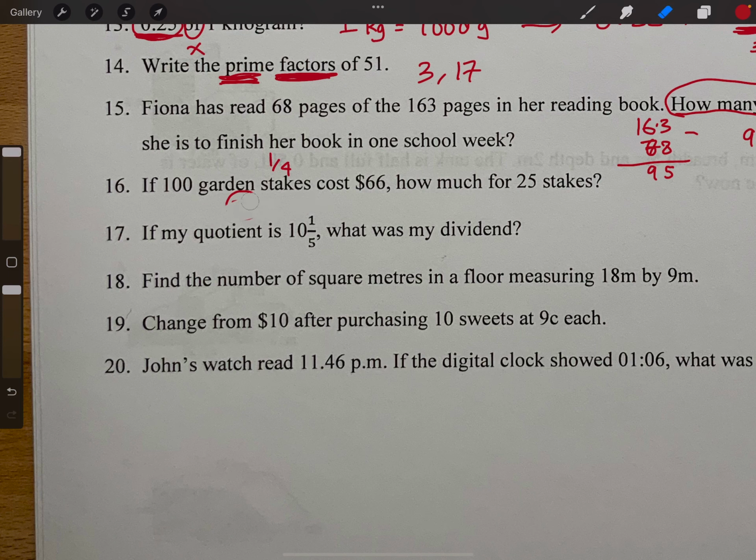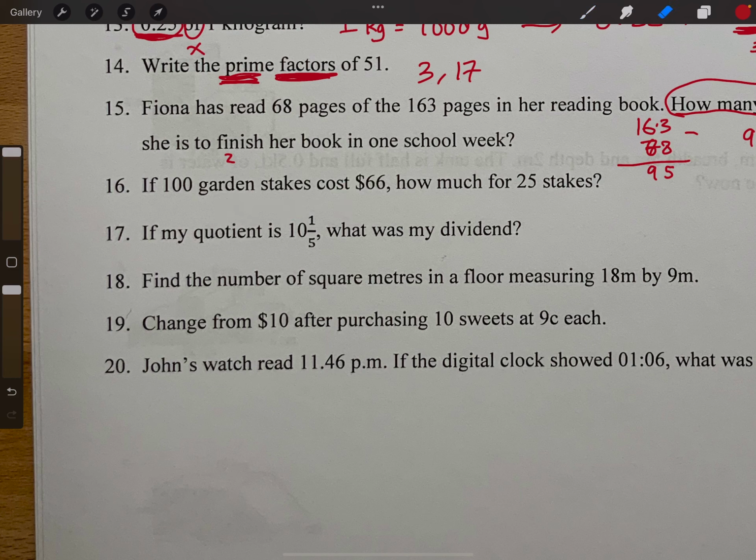How do I know this? Well, I just put 25 over 100. Let's compare them. We can divide top and bottom by 5. You will get 5 over 20. Divided again by 5, you get 1 over 4. So 25 over 100 is 1/4.